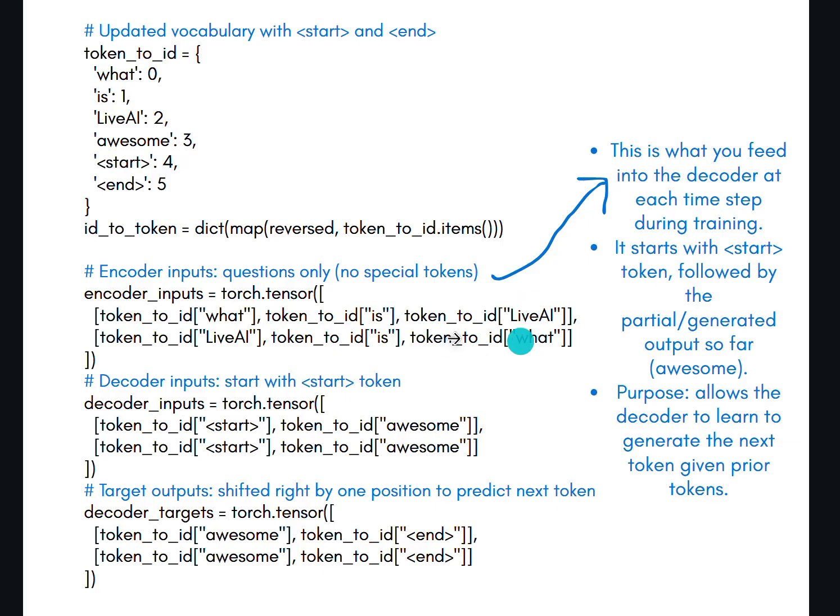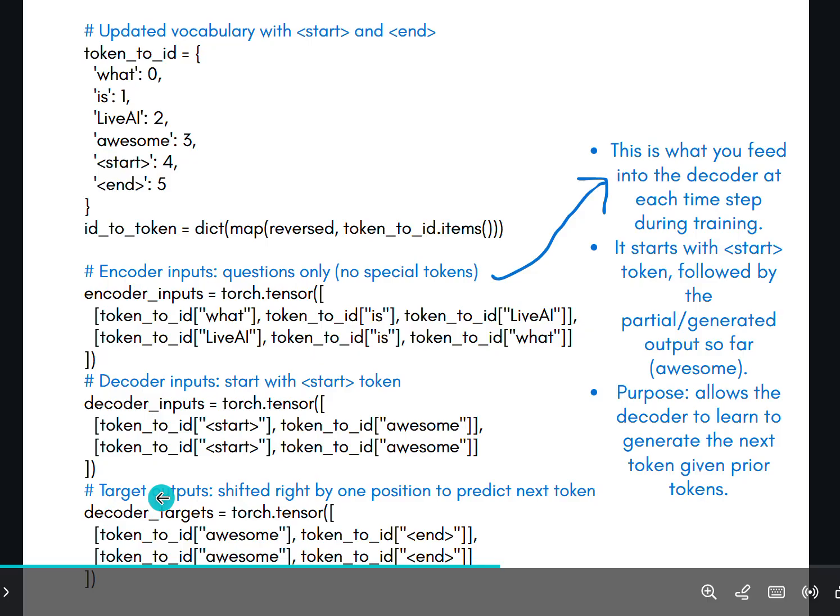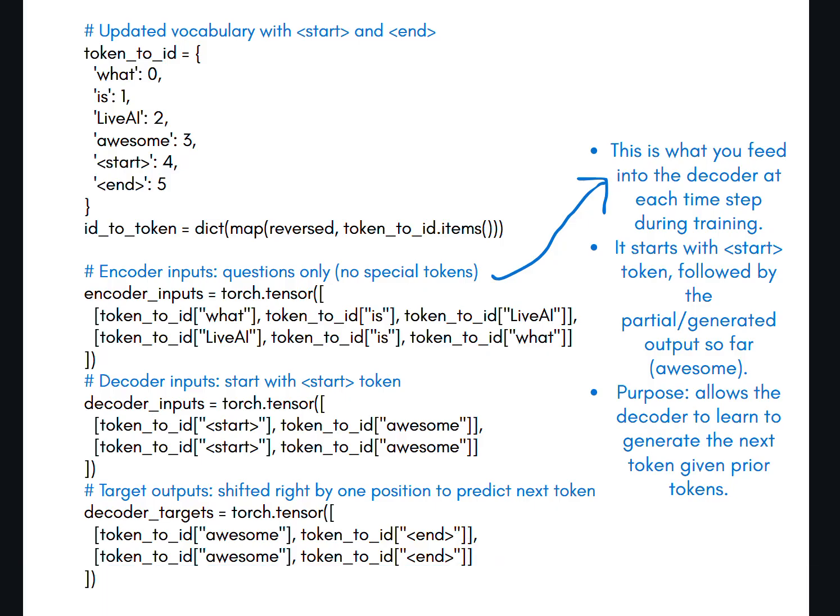What is Live AI? So this is my question, and the decoder has to answer it. So the decoder has an input and the decoder has a target output. My target output is awesome end. Why end? Because the decoder has to predict the end token to give the right answer, right?